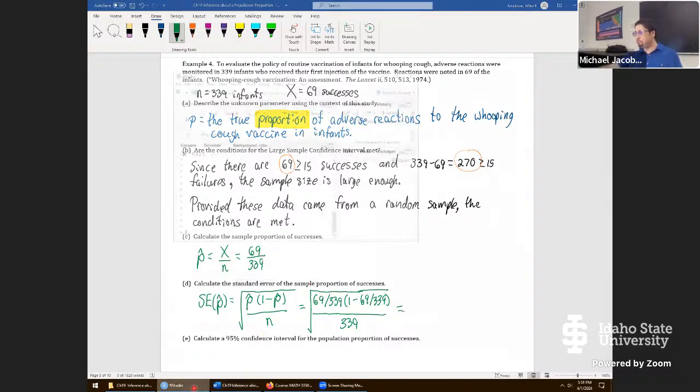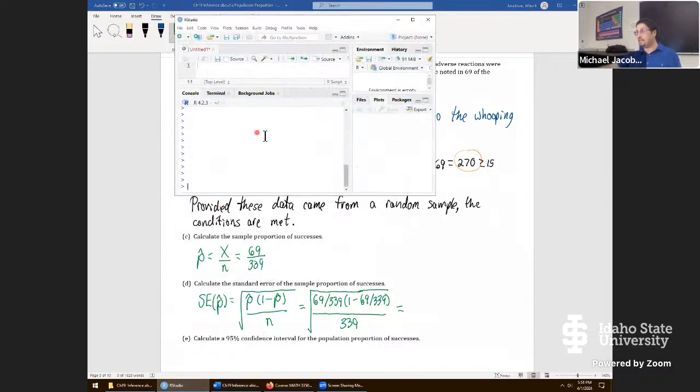Now our task is just to jam that into a calculator. So order of operations will just be go left to right, top to bottom. First call SQRT, 69/339 times, then 1 minus 69/339, then divide by 339. And it should be just fine as far as order of operations go in your calculators, just like that.